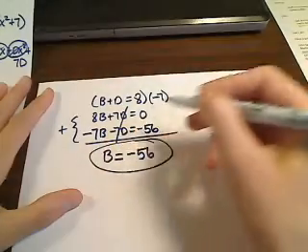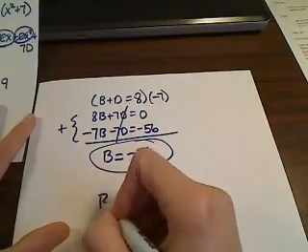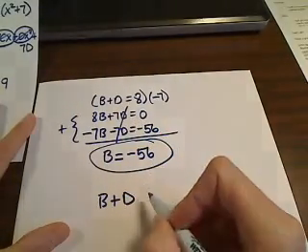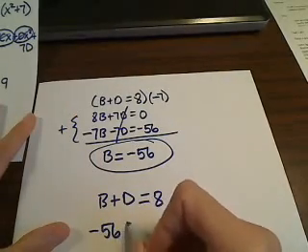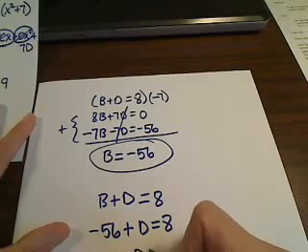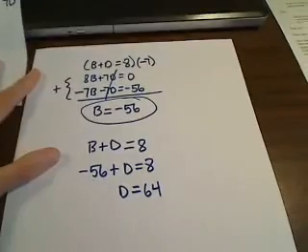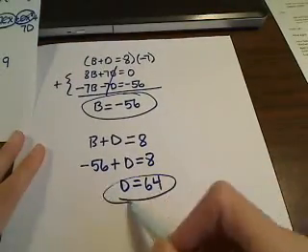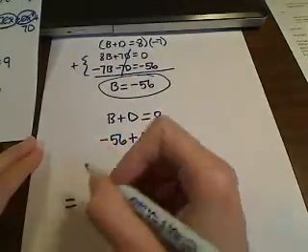Okay? And then once I know that, I can plug b back into either of these equations. If I plug it back into the equation b plus d equals 8, then I have negative 56 plus d equals 8, and add your 56 here, and so you get 64. Okay. All right, so then we can reassemble our partial fraction decomposition. It's going to look like this.